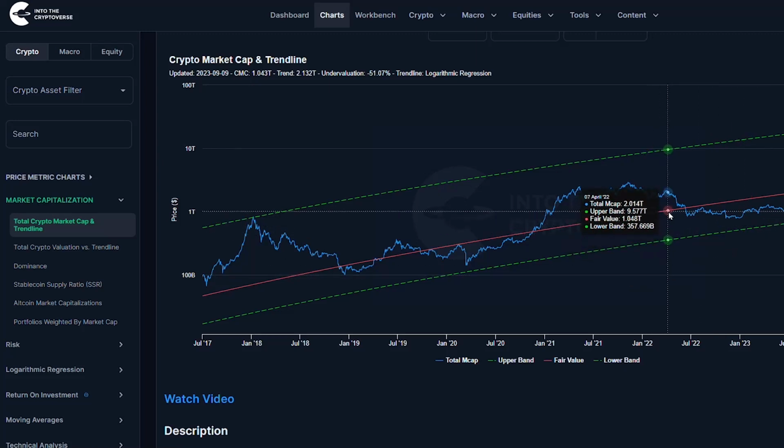So basically, if you would do this, you would only accumulate when the price of Bitcoin is under its fair value, and therefore you would accumulate at low risk levels, and that could mean more potential gains for you, and you would be selling in the overextended periods of the market.